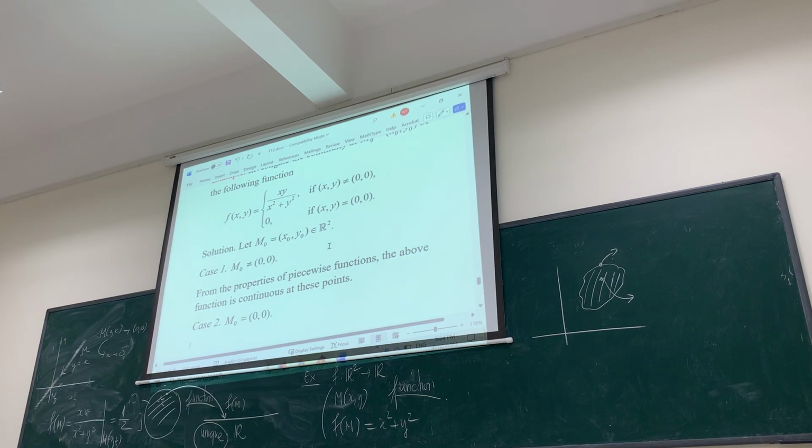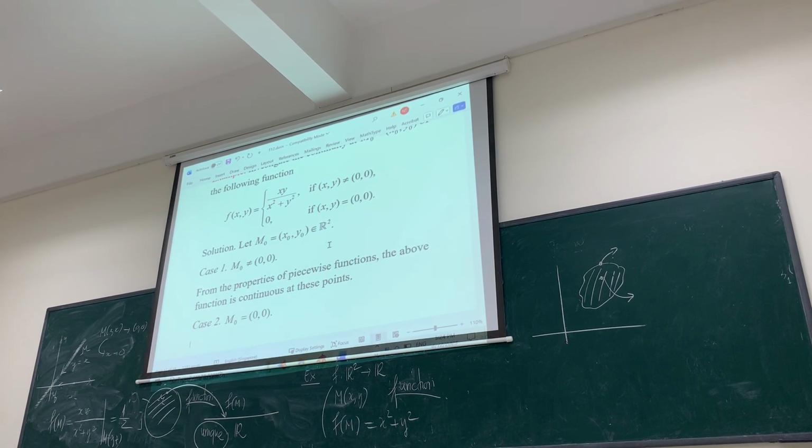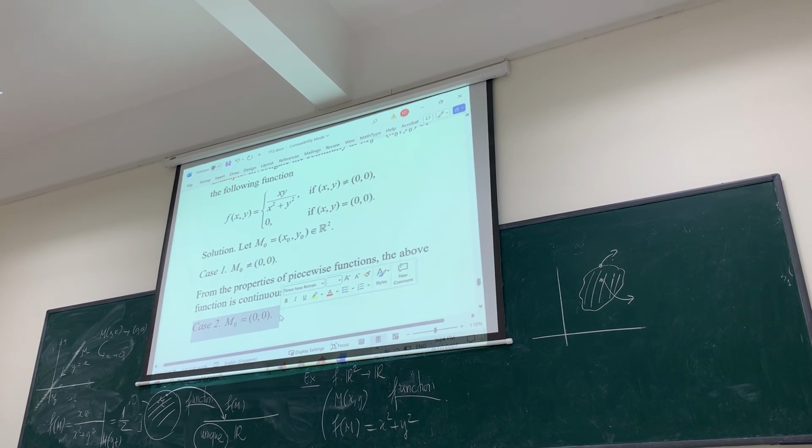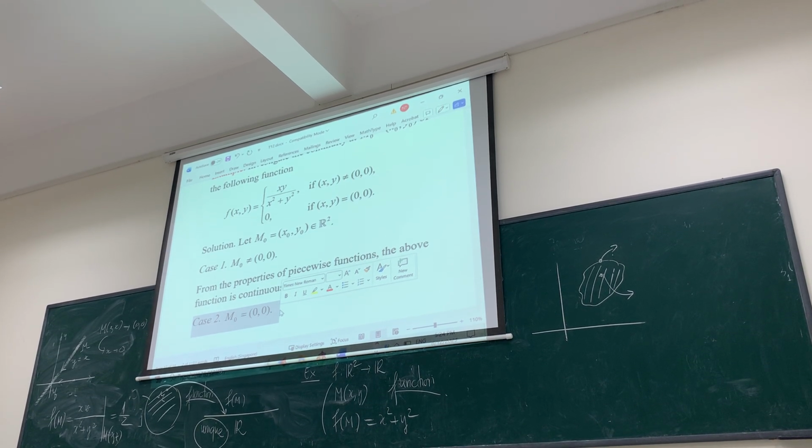M0 is identical with the junction point. I think you want to check whether the function f is continuous at M0 or not. Okay, I think we need to base on the definition of a continuous function. That means we need to check three conditions, satisfied or not.